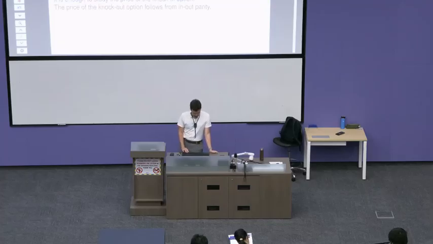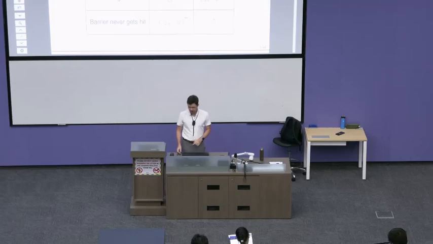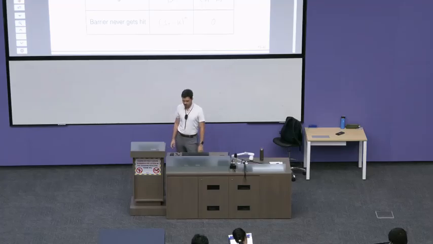And you can do this kind of argument not only for call options, of course. In this argument, I never used that I actually have the payoff of a call option here. I could just replace this by something else, some payoff of your choice.